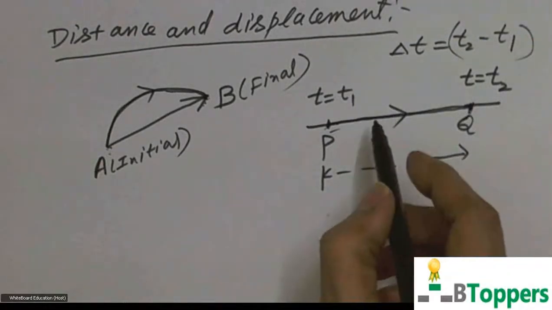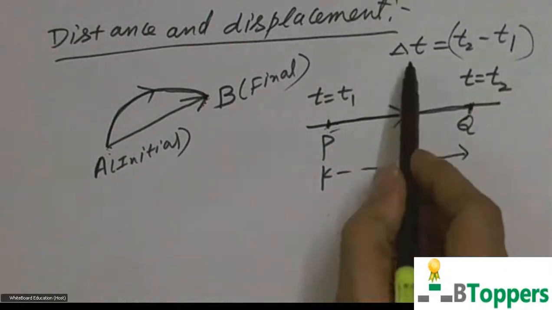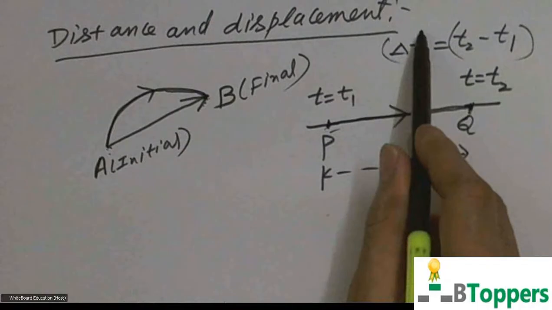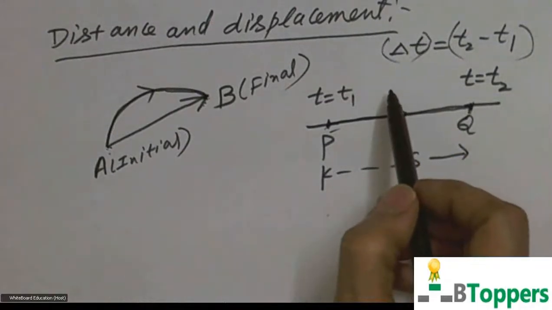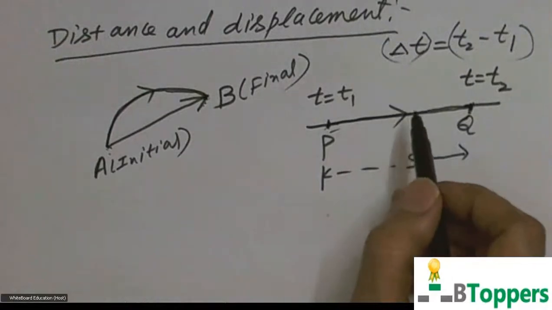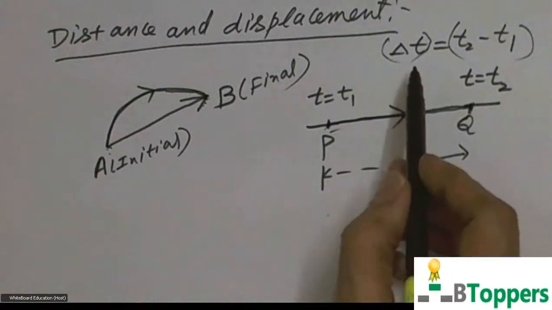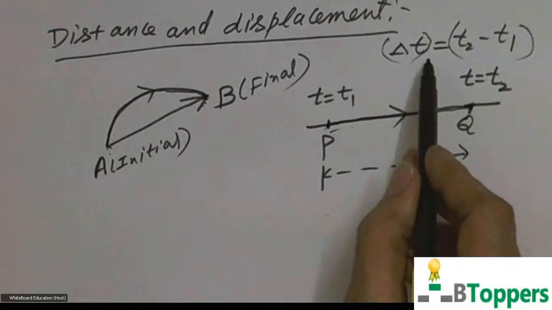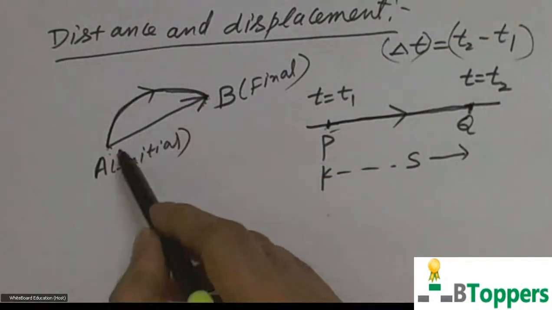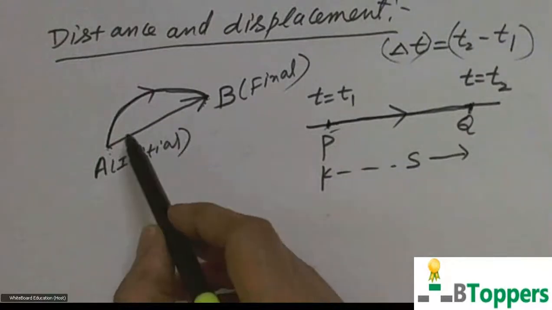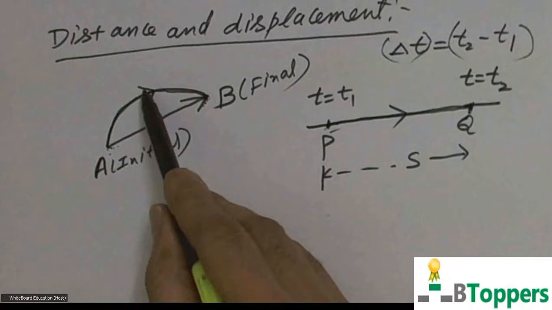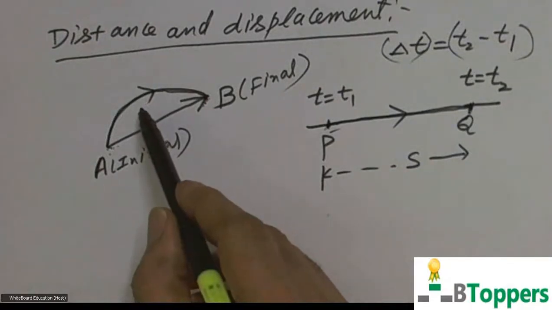That means in this example, the magnitude of the displacement of the particle for the time interval delta t is the same as the distance covered by the particle during the same time interval. Whereas in this example, when the particle moves in a curved path, the magnitude of displacement of the particle will be less than the distance covered by the particle.